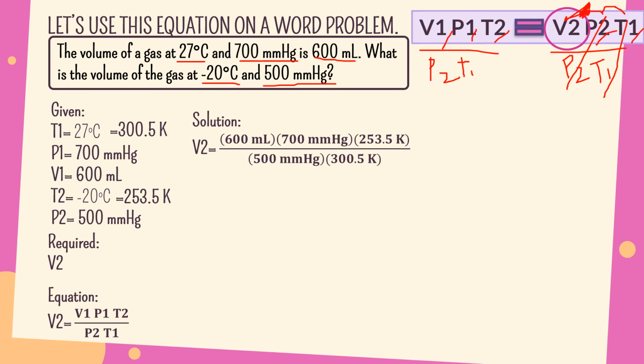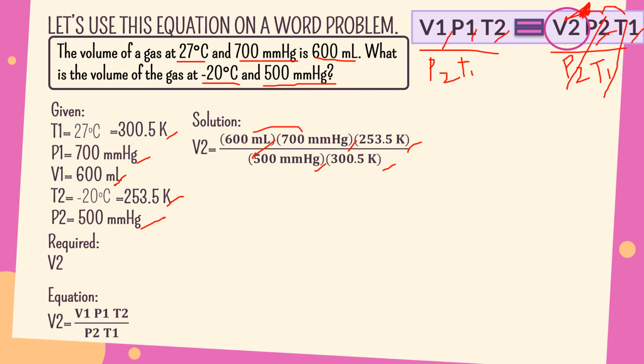For the solution, just put the quantities. So we have 600 ml for our initial volume, 700 millimeter of mercury, which is our initial pressure, and 253.5 Kelvin, which is our final temperature. For the 500 millimeter of mercury, that is our final pressure, and 300.5 Kelvin, which is our initial temperature.